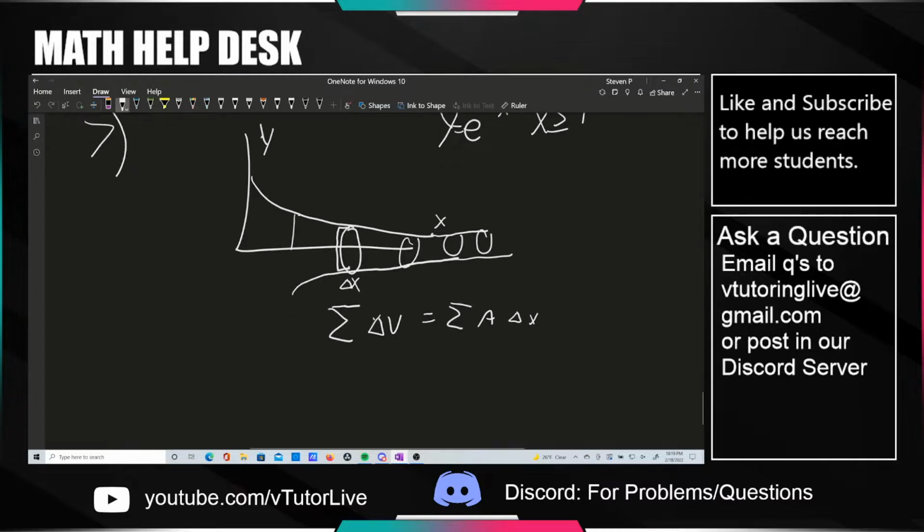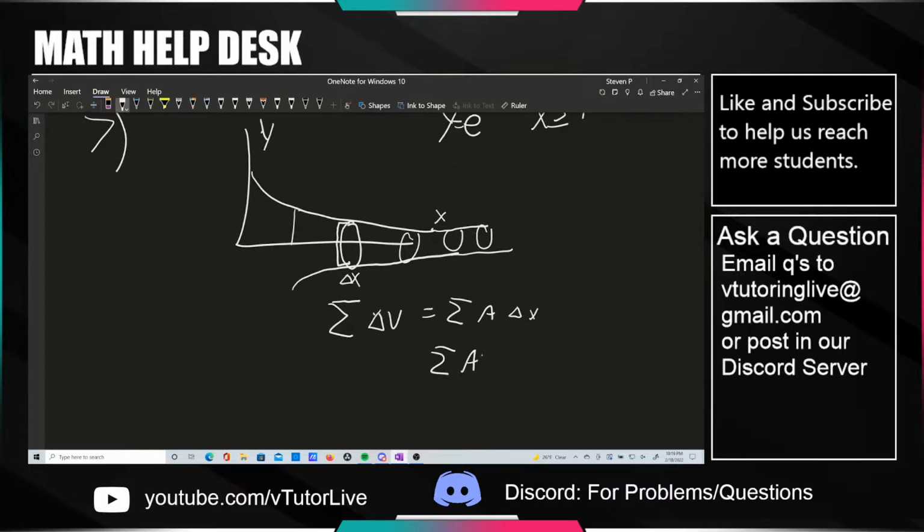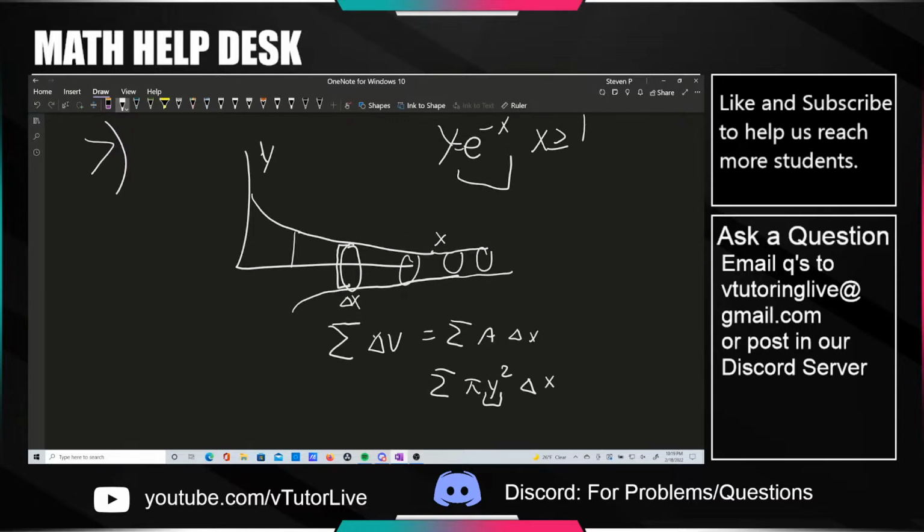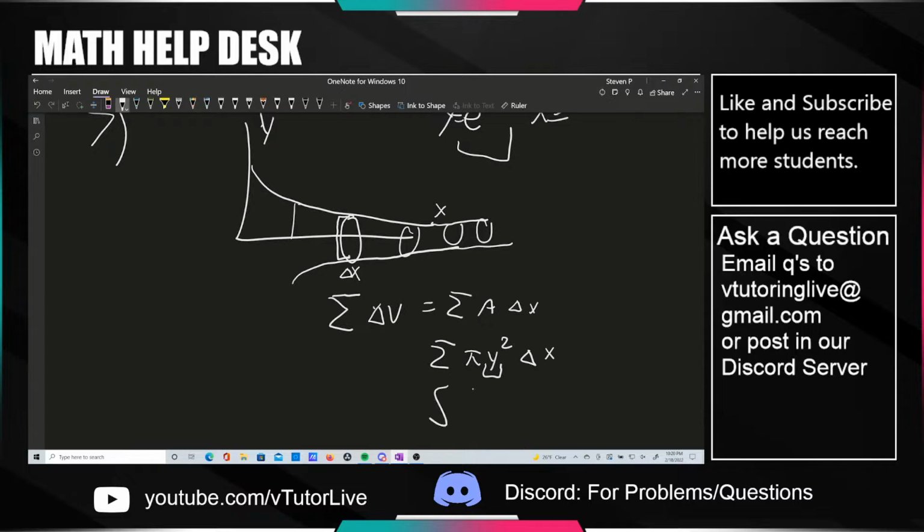A differential height. So now we just need to express the area in terms of pi y squared delta x. And now you just need to express y in terms of x. You just got to replace it, right? And then after that, you're going to turn that into an integral.